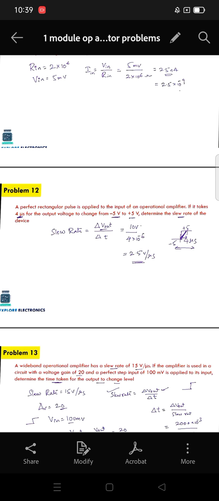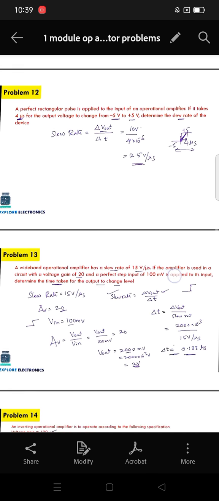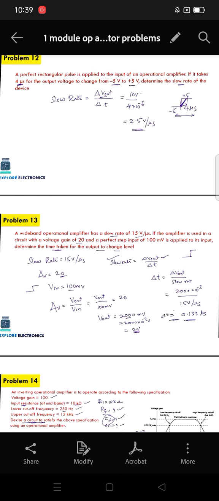Divided by change in time, which is given as 4 microsecond, 4 into 10 power -6. After simplifying this, you will get 2.5 volt per microsecond. This is the slew rate of the amplifier. Now go for the next question.